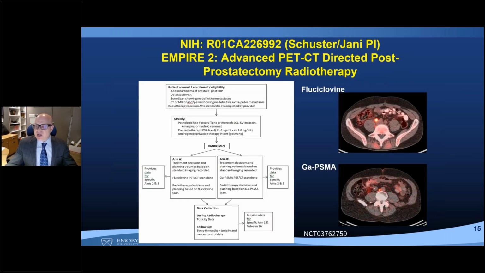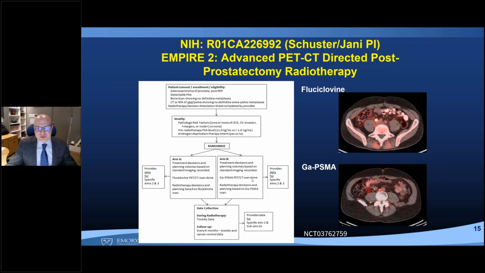Now, this leads us to the Empire 2 trial, which is ongoing at Emory, in which we're taking the same cohort of patients who are post-radical prostatectomy. They have biochemical recurrence. They're being stratified, then randomized into either arm A, in which they are being salvage planned based on the now standard of care fluciclovine, or arm B, in which we're doing salvage planning based on gallium PSMA.